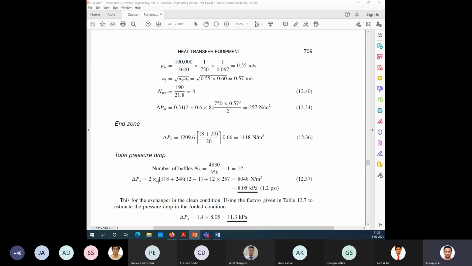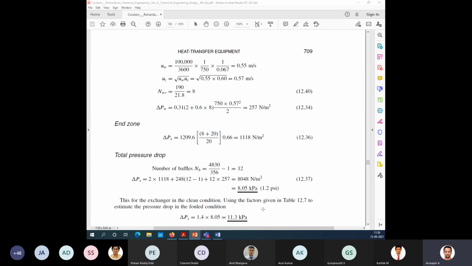So the total pressure drop is 2 times your end zone, plus NB minus 1 times the cross flow zone, plus NB times your window zone. That is 8.0. But in the current method, the pressure drop is around 7.2 kilopascal. So in this case it is on the higher side.